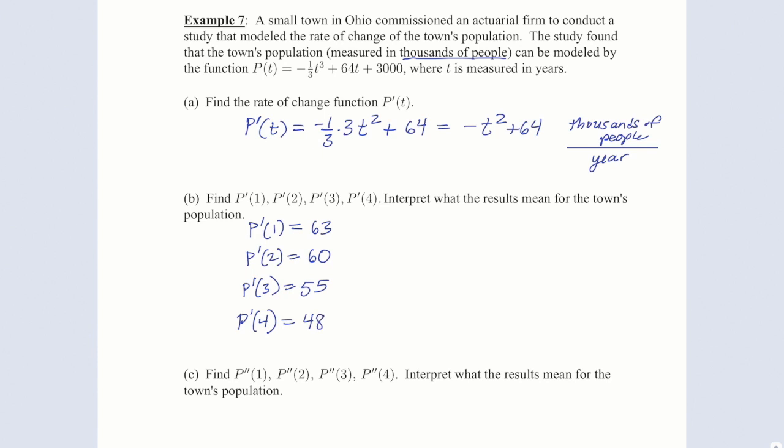Right? And these tell us, we can see that the rate of the population, because these are all positive, the population is growing each year by first 63,000 people per year, and then 60,000 people per year, and then 55,000 people per year, and then 48,000 people per year. But we can see it's growing by fewer people per year as time goes on.